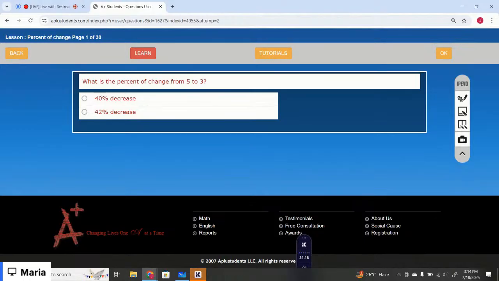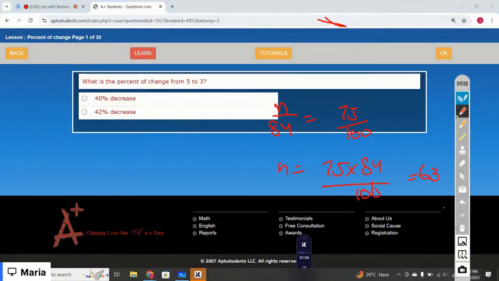What is the percentage change from 5 to 3? So let's just calculate the percentage change, right? 5 to 3 means you have to do 5 minus 3 over 5, so that would be 2 over 5. Let's just use the calculator. So 2 divided by 5 is 0.4, multiplied by 100.